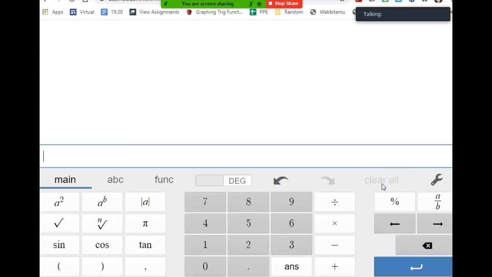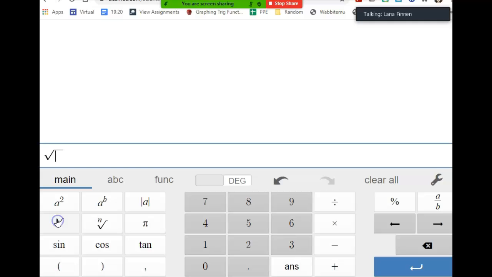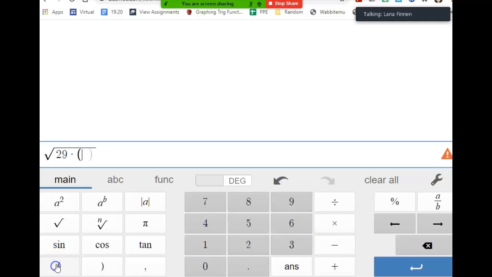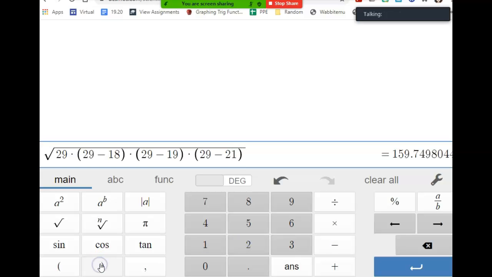So we have to put it in there correctly. I can do the square root of 29 times (29 minus 18) times (29 minus 19) times (29 minus 21). Boom. And that's it.